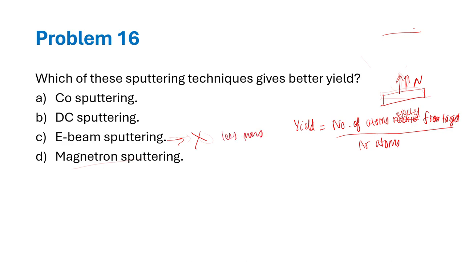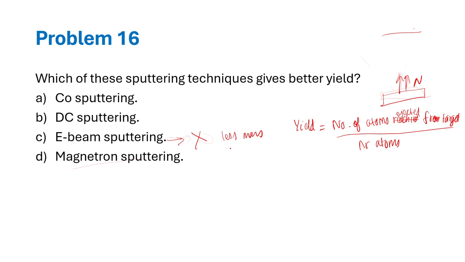E-beam evaporation is there, where we use the electron beam to heat the target material, make it evaporate, and then deposit. In sputtering, we accelerate the argon ions and make them hit the target. Due to the impact of these argon ions, some of the ions will come out of the surface. That is what is happening in sputtering.